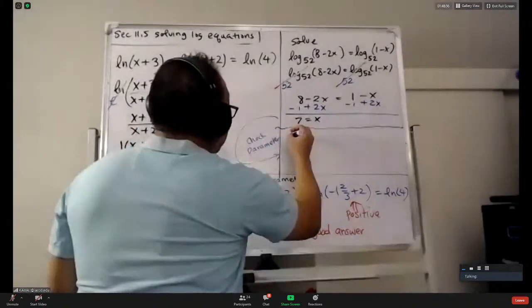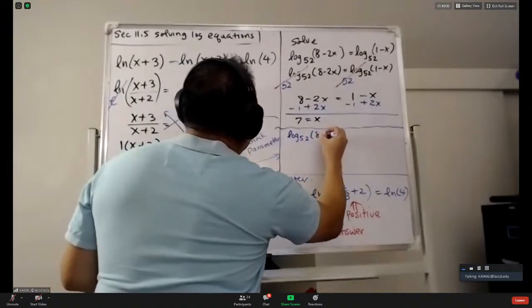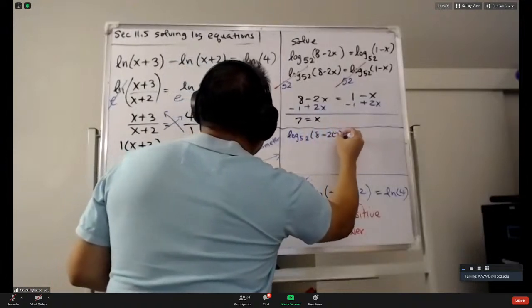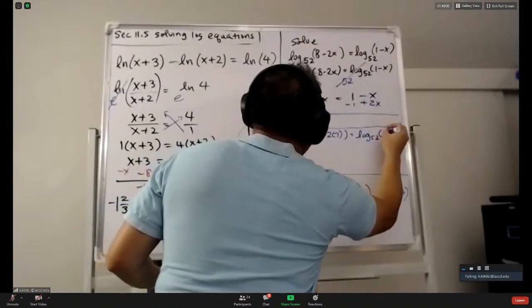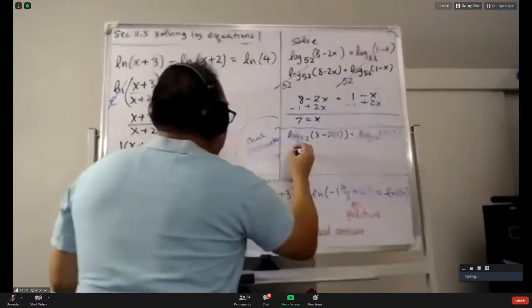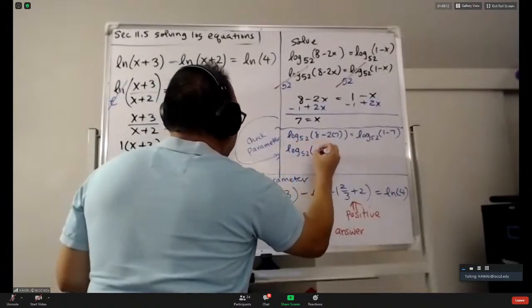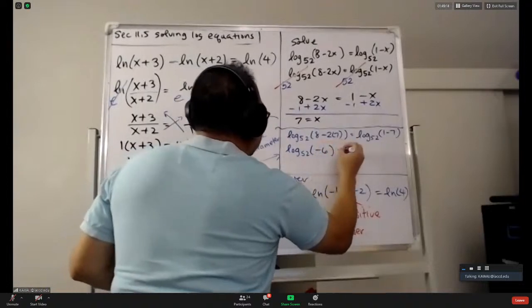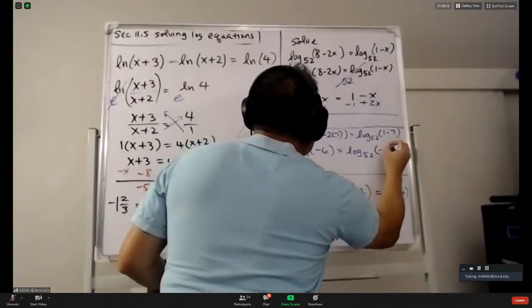So we have log base 52, 8 minus 2 times 7 is equal to log base 52, 1 minus 7. So log 52 of minus 6 is equal to log 52 of minus 6.